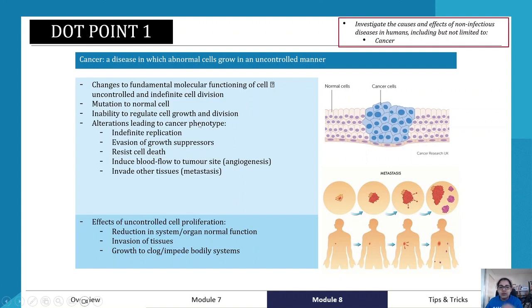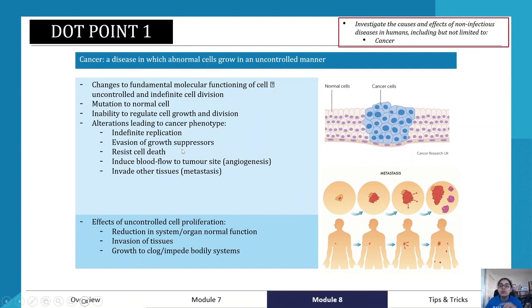It can grow really rapidly and spread around the body, the cells divide really quickly, and alterations leading to the cancer phenotype include indefinite replication and evasion of growth suppressors. These cells can also resist cell death.